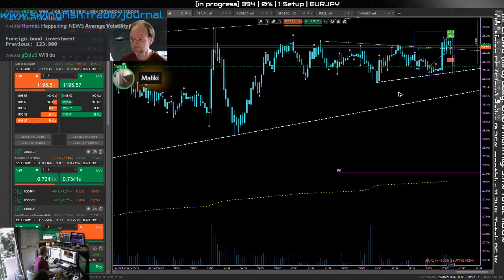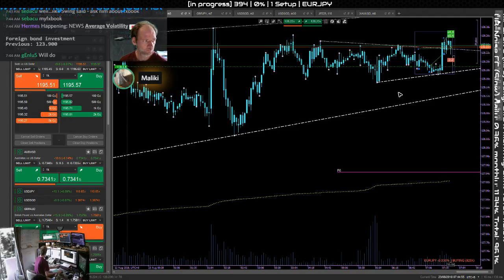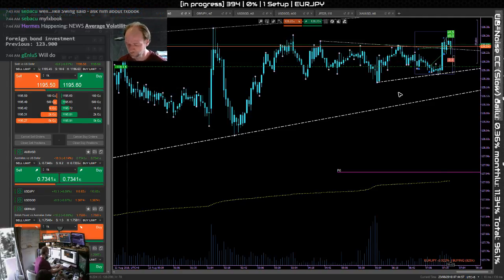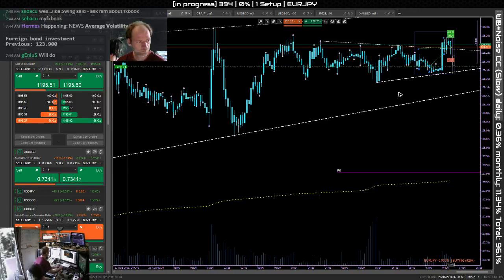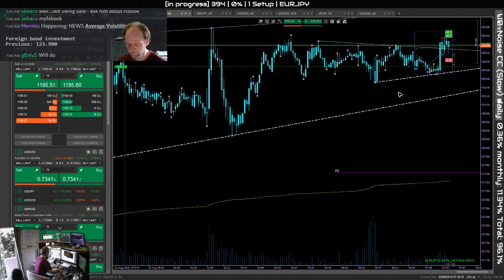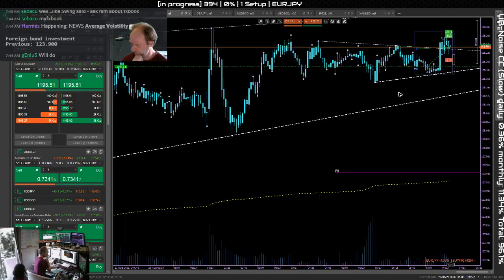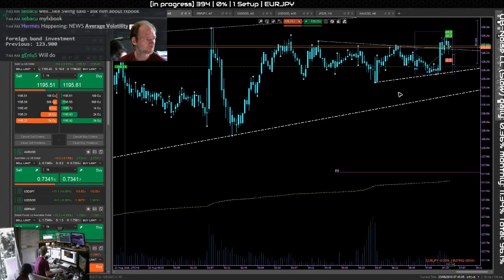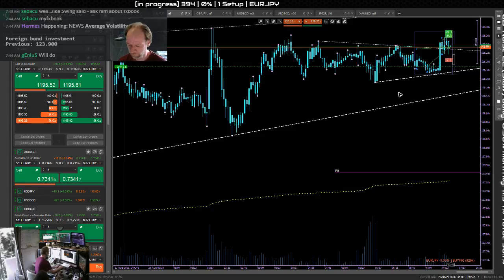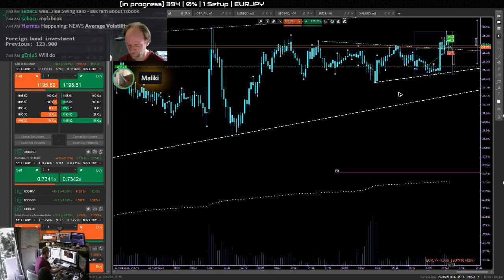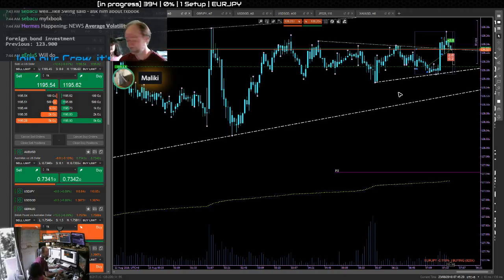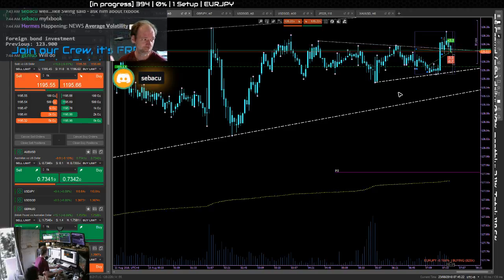Dollar Swiss looks like a good opportunity. 30 minute check. Seems good. Wait for dollar Swiss.